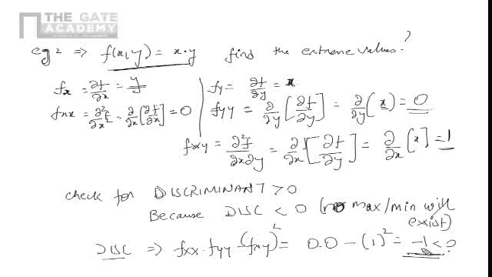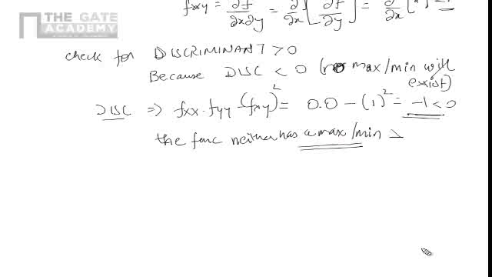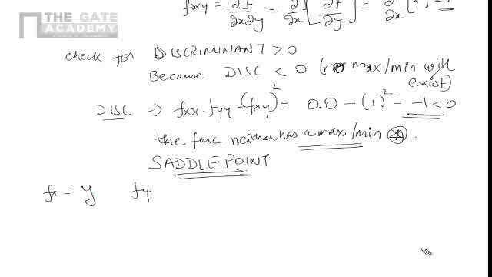So discriminant less than 0 means the function has neither a maxima nor a minima. This is very important. This type of point is called a saddle point. Correct? So what is the saddle point we have got? Fx is y and fy is x.